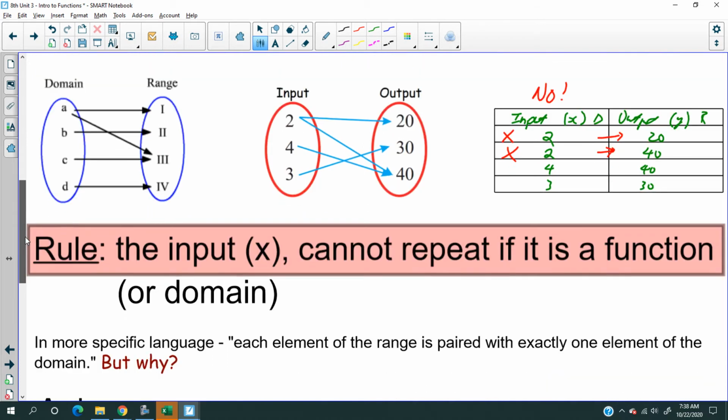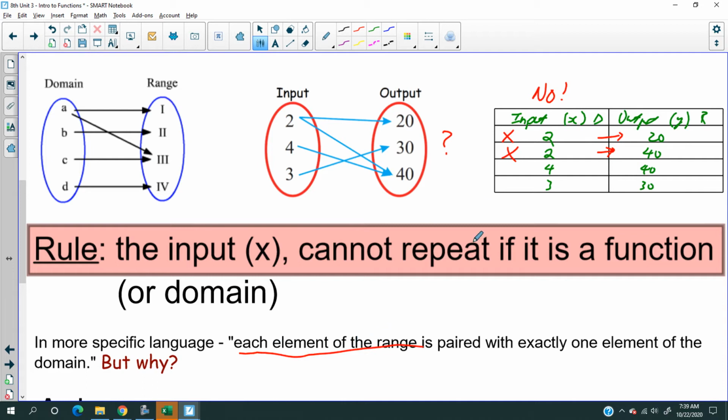Now, here's the second part. In more specific language, if someone were to show you this table and ask you this as a question, you can say no, and this is all you have to say.